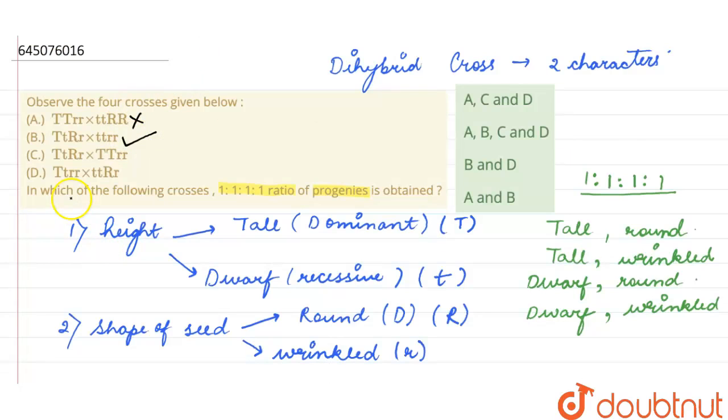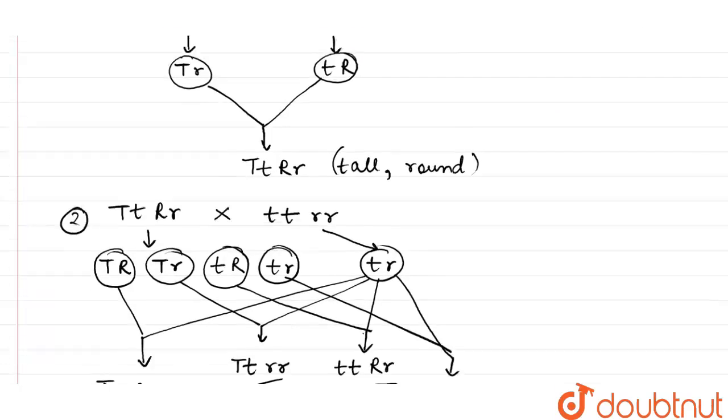Now let's see the third one. The third is again tall and round crossed with tall and wrinkled.